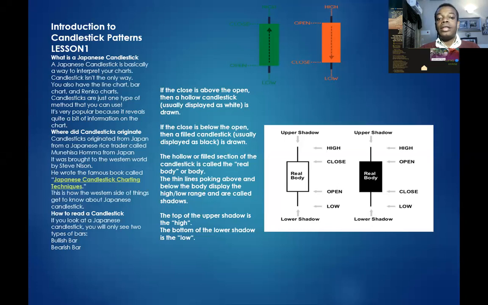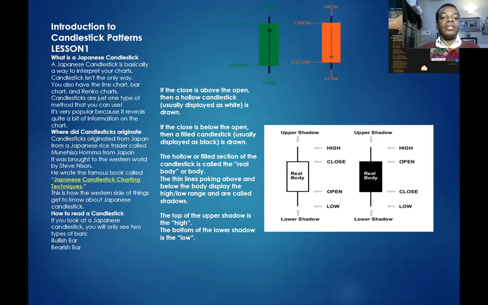The reason he introduced the candlestick pattern was that they used to sell rice in Japan, and he used candlesticks to measure when the price of rice would go high and when it would go down. So the candlestick was used to measure what the future of the rice market would look like.